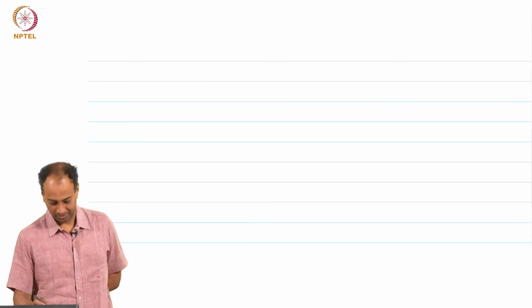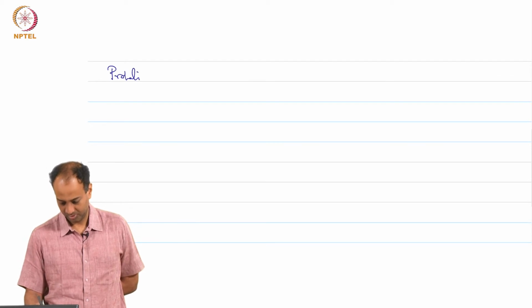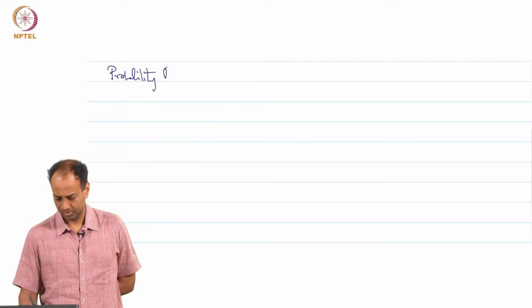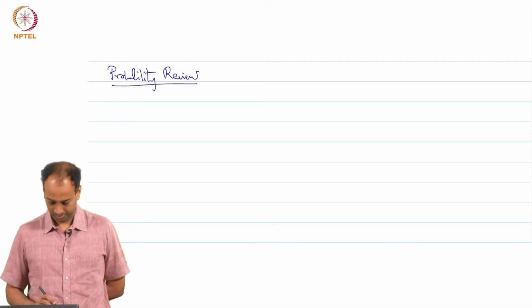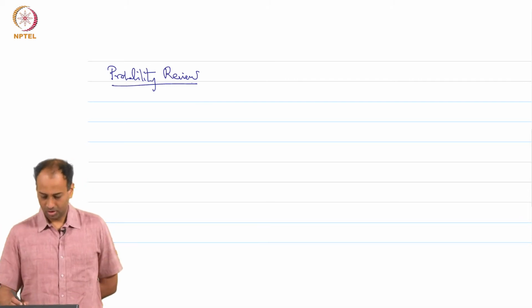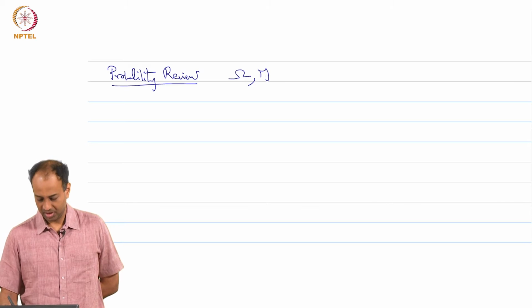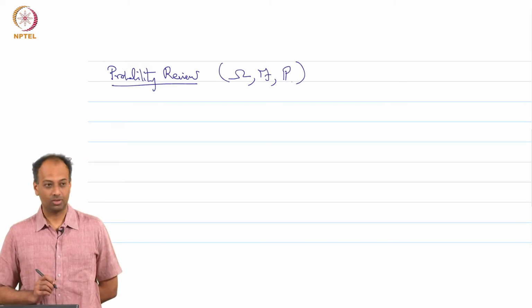Now, basic probability review. All of probability theory starts with a triple (omega, F, P). This you would have seen.